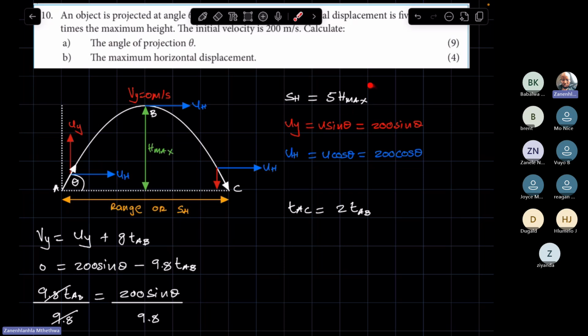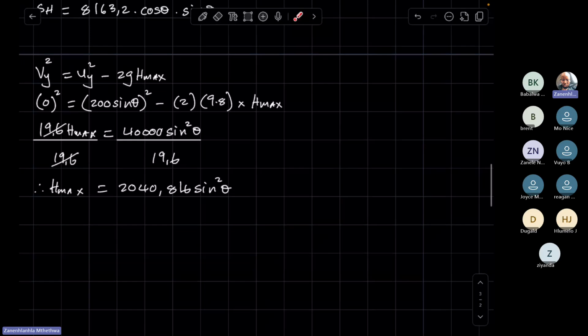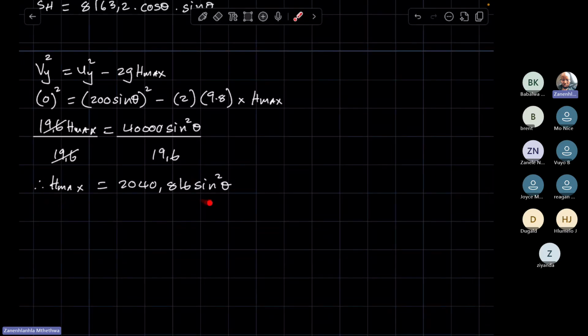Similarly with h max, we have to do the same, right? Once we have an equivalence of this in terms of the angle and the equivalence of this in terms of the angle, we then equate them and solve for theta. Right? We have SH, it is in terms of cos theta sine theta, and we have H max, it is in terms of sine squared theta.